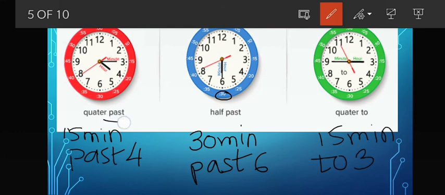Here we are using past and here we will use to.